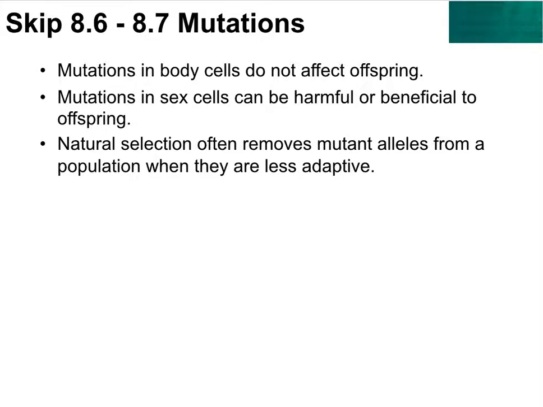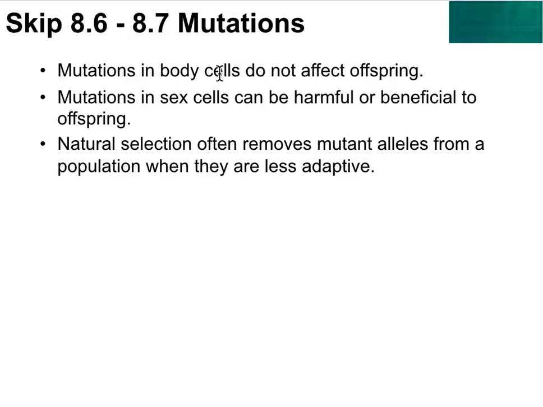Okay, and then, just to make a point here about mutations in body cells. So they're just making a distinction here. I don't know if this really fits on your notes very well, but I'm just going to say this real quick: a body cell is like your skin cell or something.